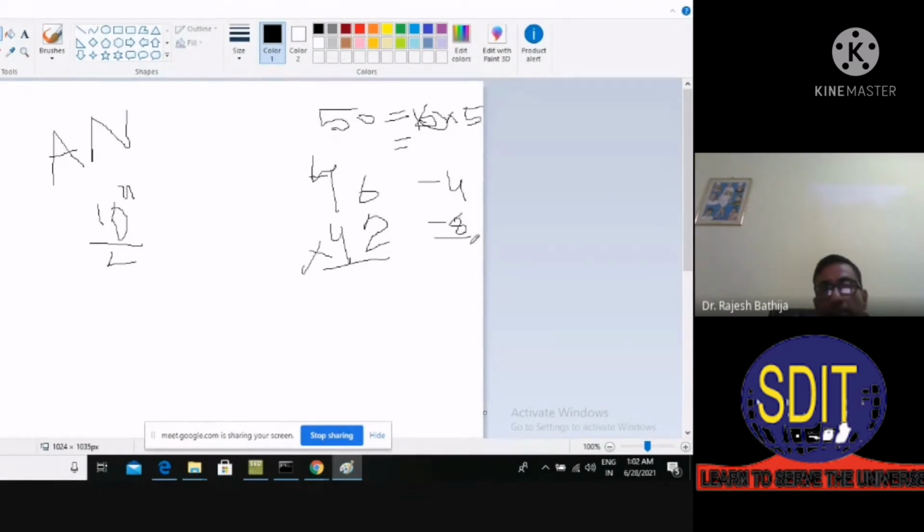The result will be 4 times 8, 32. So 2 will be here and 3 will be carried. Why carry? Because only one digit we have to put over here, and why one digit? Because there is a 10 over here. When we use 100, then we have to use 2 digits.